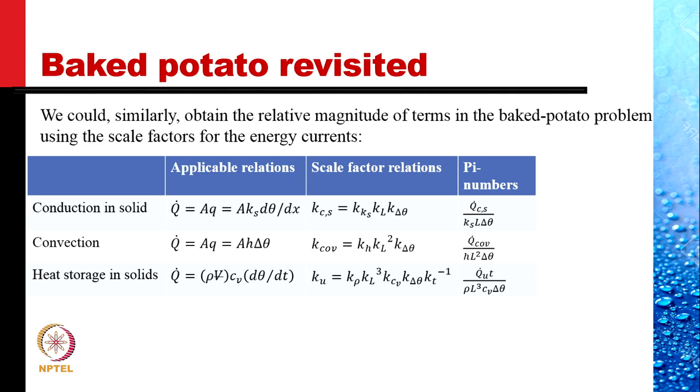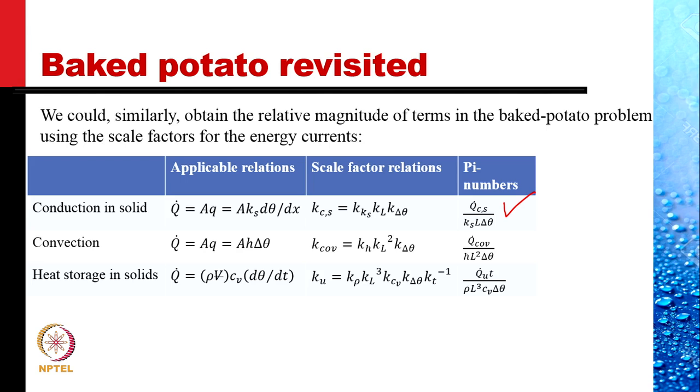And so the scale factor relation is: the scale factor for conduction in solids, KQcs, is the scale factor for the conductivity of solids, Ks, times Kl times K delta theta. From this, we obtain this as the primary pi number, Q dot cs divided by Ks L delta theta, where the characteristic nature of the quantities involved is understood.